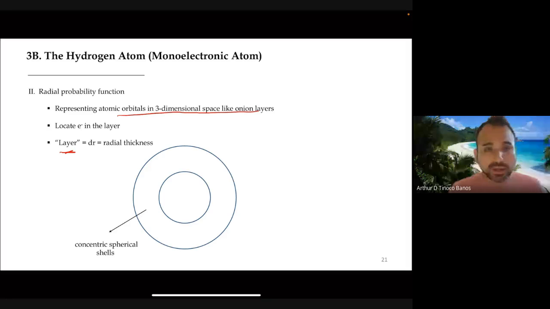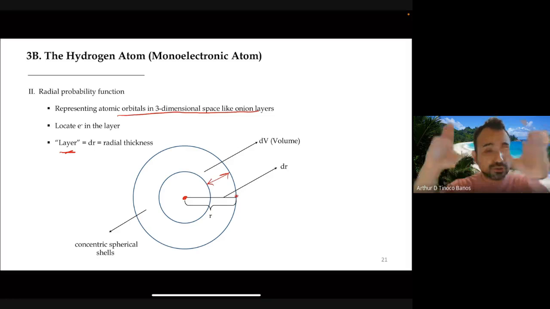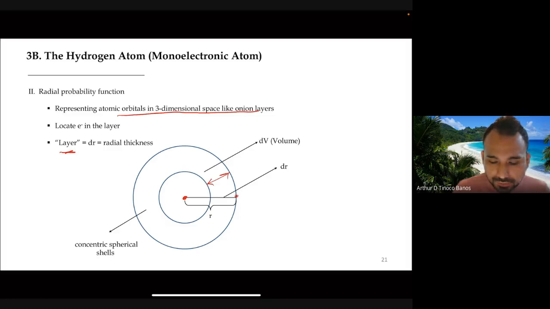We have a distance from the origin to the maximum distance of that particular layer. The layer constitutes a specific amount of the total volume of this particular model. And then you have a distance of dr, which represents the radial thickness of that layer.